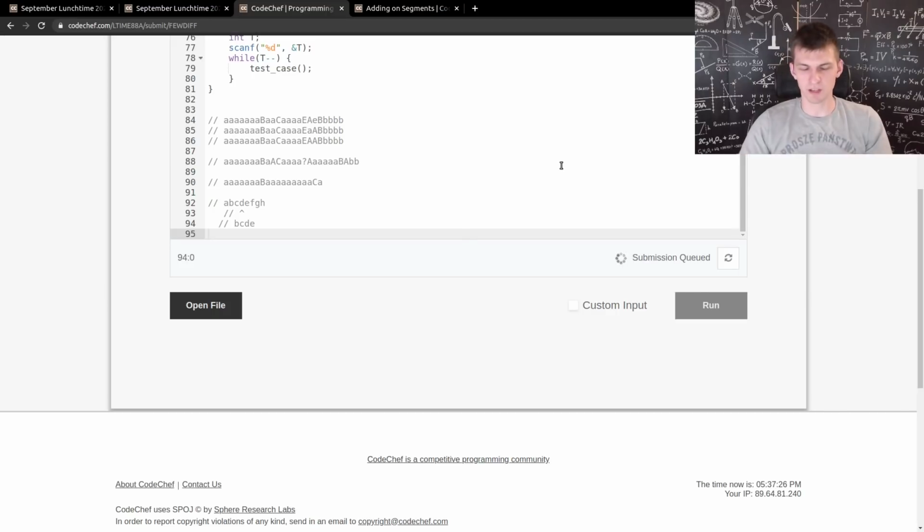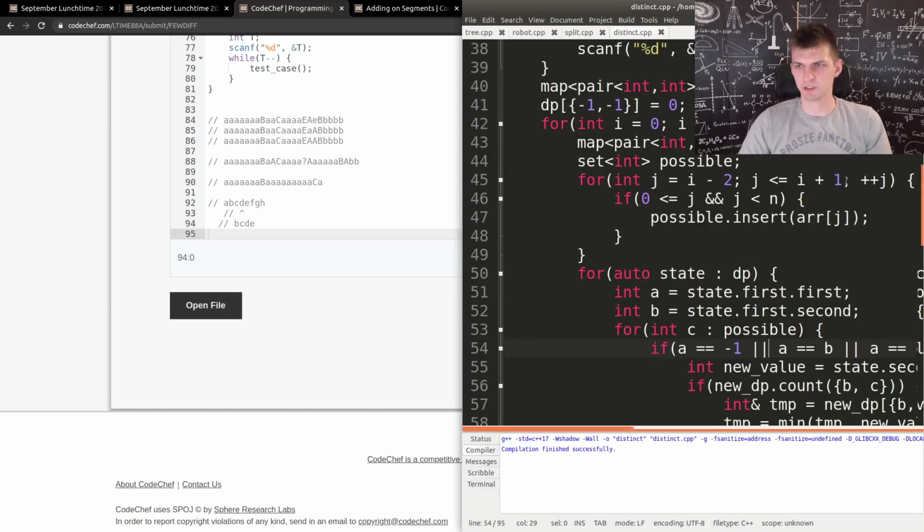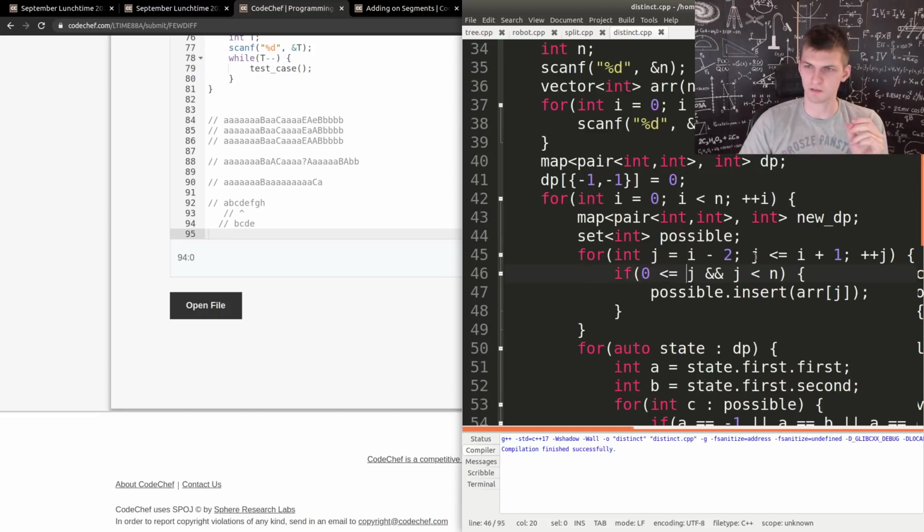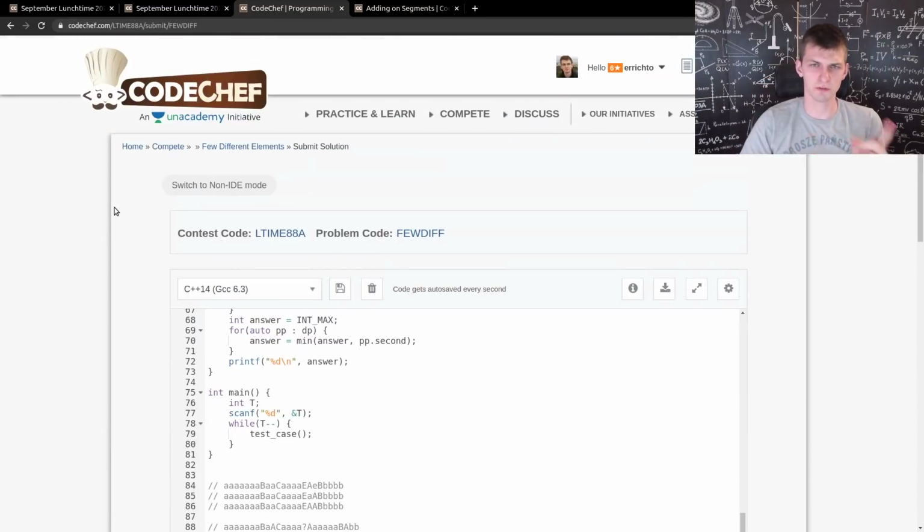If I get wrong answer, I will increase this. This checks how big a surrounding I check for values. Like if I'm on position i, now I claim that in the final sequence there can be only values from the initial sequence from positions i minus 2 through i plus 1.